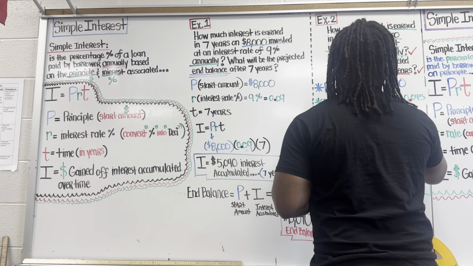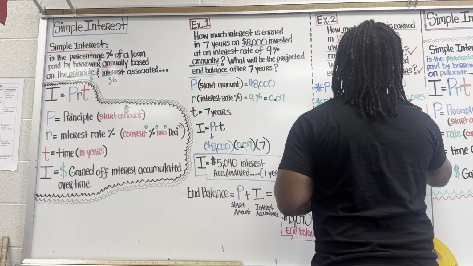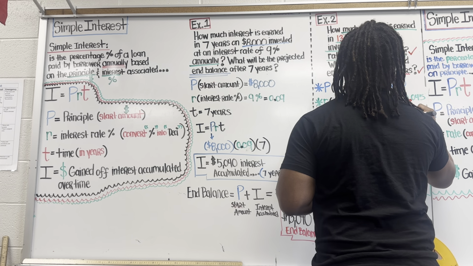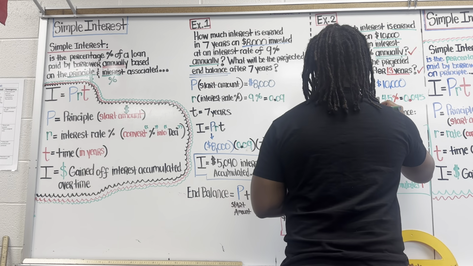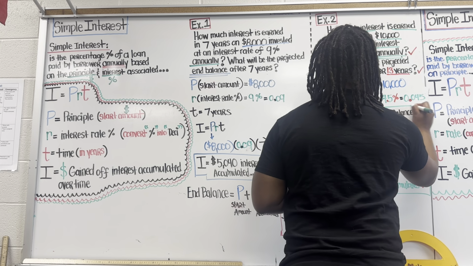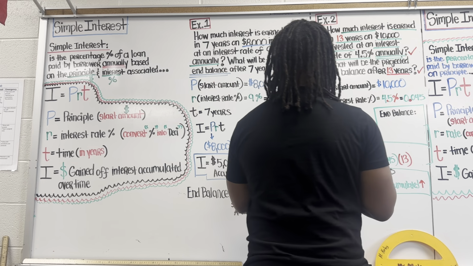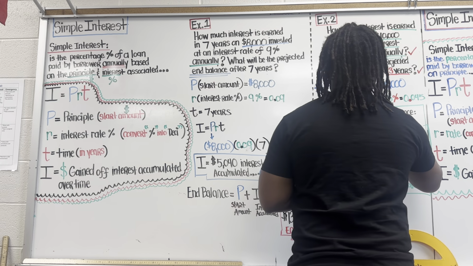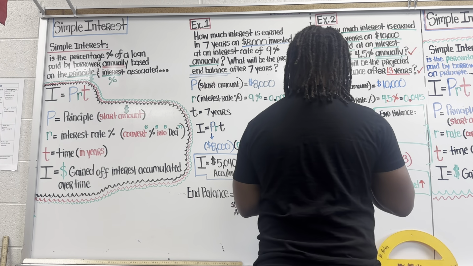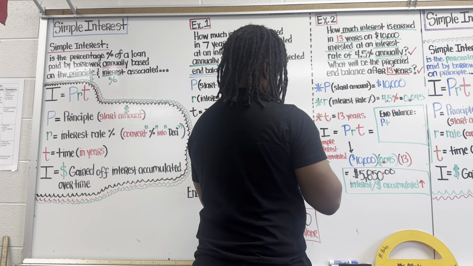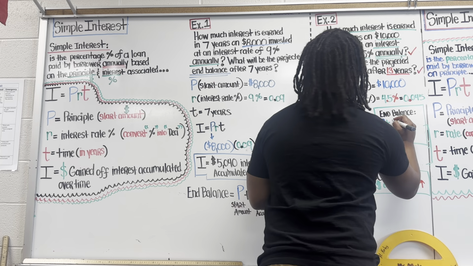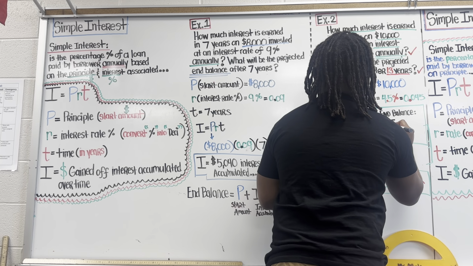I'm going to put it right here, and I'm going to put a box around it so we won't mess it up. So end balance is just the principal plus the simple interest that has added over time.